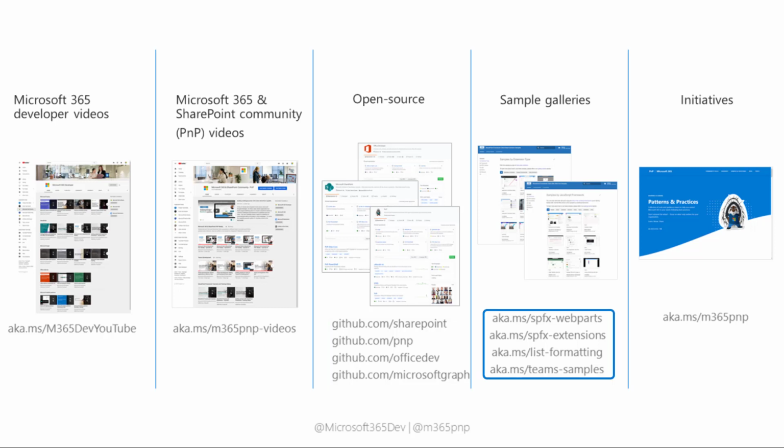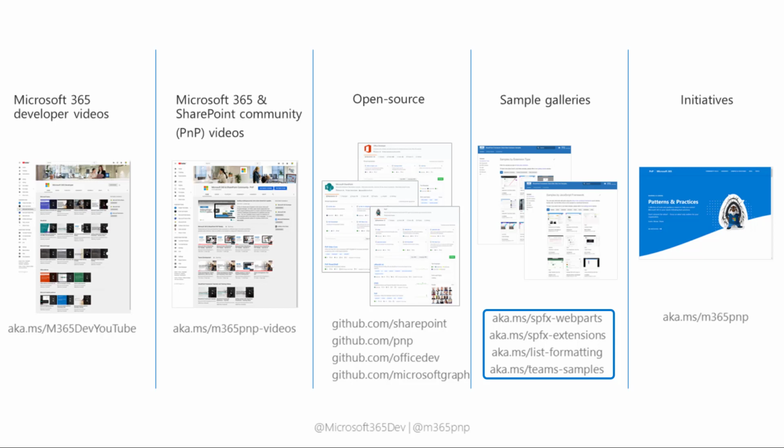We also have relatively new sample galleries related to certain areas of extensibility. This is an area which is evolving over time, but right now there's already a SharePoint Framework web parts gallery, a SharePoint Framework extensions gallery, a list formatting gallery, and a Microsoft Teams sample gallery, which is evolving as well.